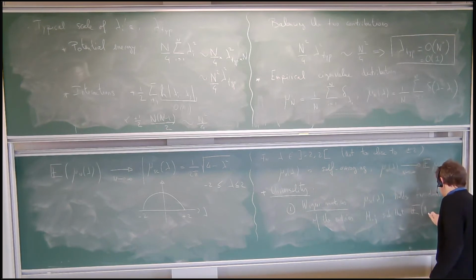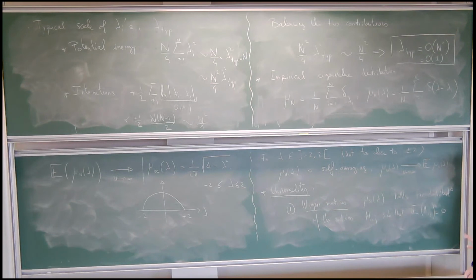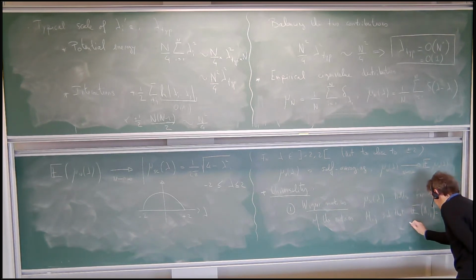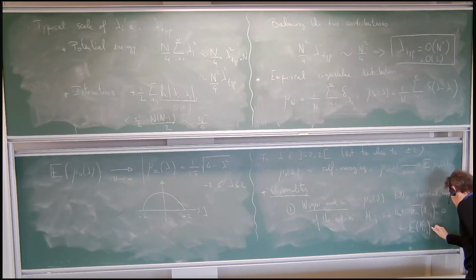So say, since here I was discussing one specific case, so Mij is equal to 0, so I need the first moment to be 0, and then this quantity here, the variance is just sigma squared, say, finite.